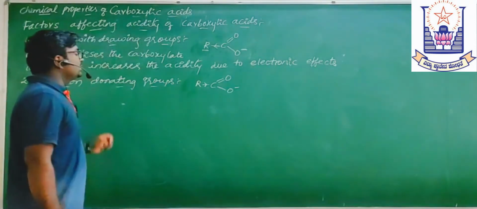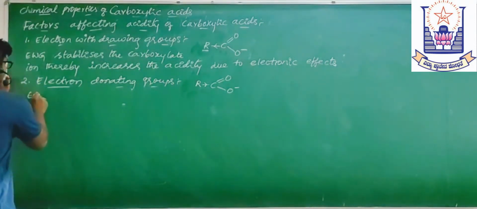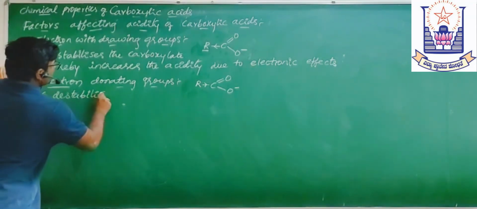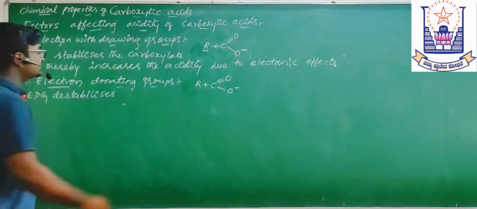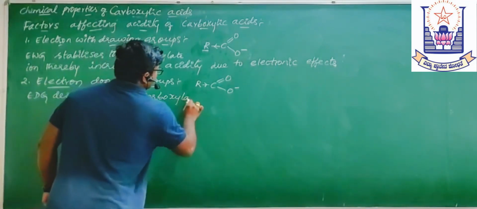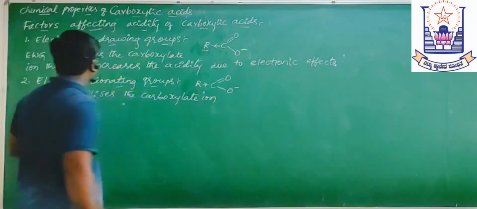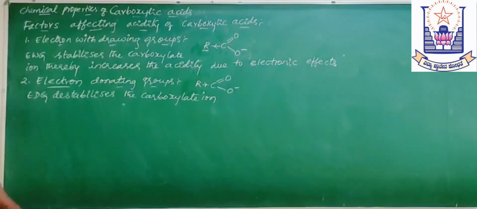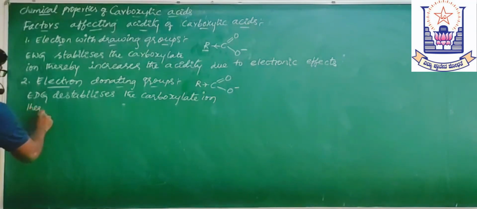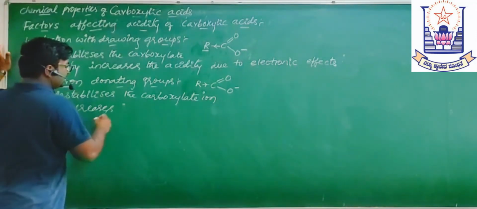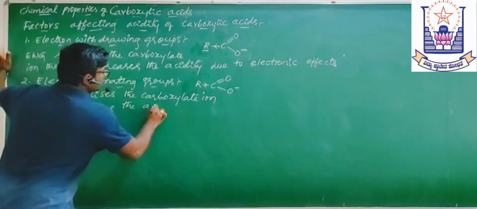That is why the electron donating group destabilizes the carboxylate ion, thereby decreasing the acidity.